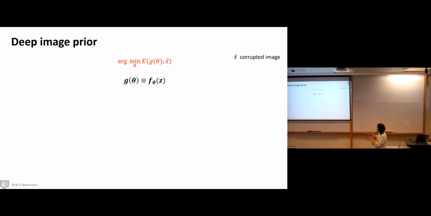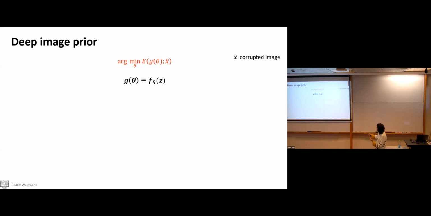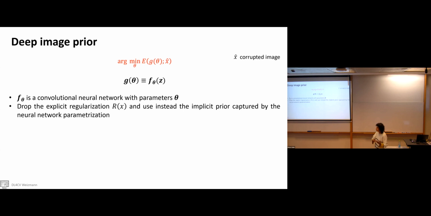And we do not have now to introduce also the regularization part, because it's already introduced here as a mapping into the data plane. So we can look only at this. And this is the idea in deep image prior. So I have a convolutional neural network with parameter theta, and the parameter space is going to be theta, like you asked before. We drop the regularization term and use instead the implicit prior, which is captured by the neural network.